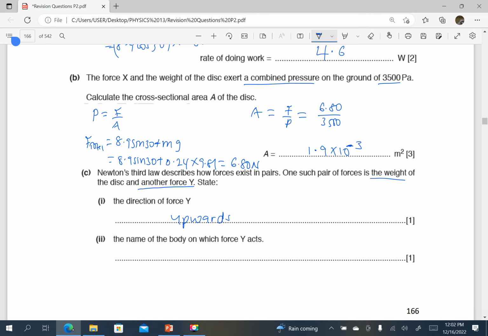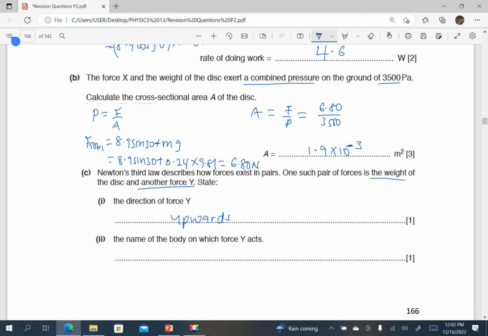Then the name of the body on which the force y acts. If the weight is exerted on the ground, then force y acts on the name of the body on which force y acts. Note that force y is upwards. The weight of the body is acting downwards.